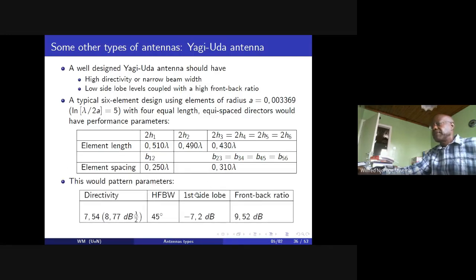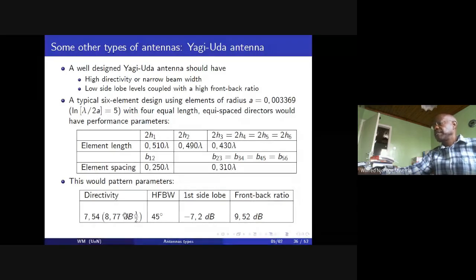And the pattern parameters would then be a half beam width of 45 degrees, a directivity of 7.54 or 8.77 dB, referred to a half-wave dipole, and the first side lobe will be minus 7.2 dB below the main lobe, and the front to back ratio is about 9.52 dB.